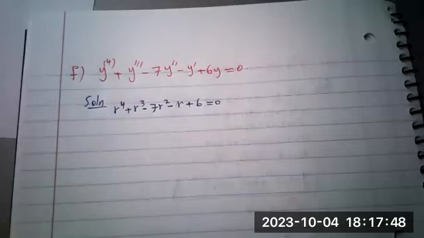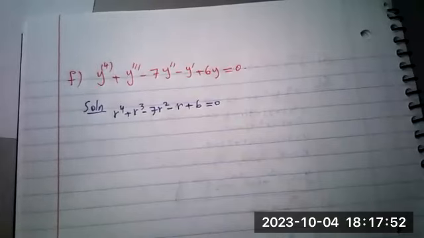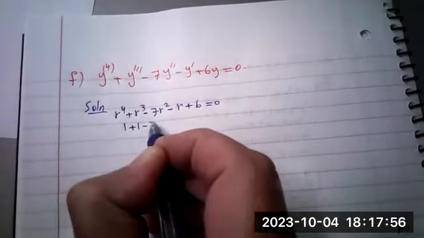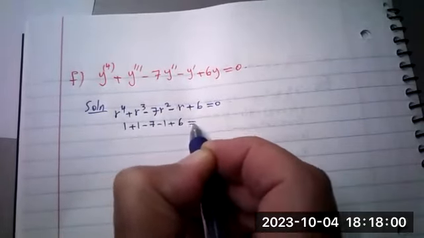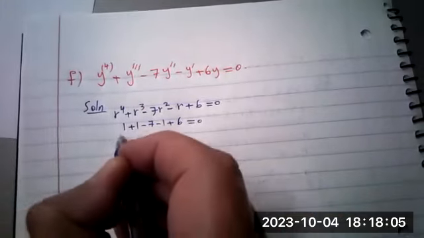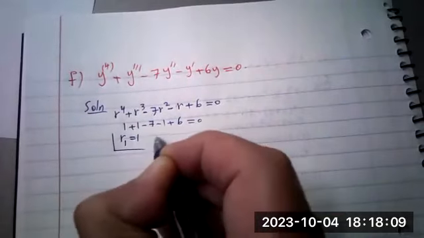You're lucky. So we get one of them. It doesn't matter, we can find it even if it's not given to you. It's going to be 1 plus 1 minus 7 minus 1 plus 6. If you get 0, we accept it. So this is 0. Since it's 0, one of the solutions is 1. So r1 equal to 1 is a solution.